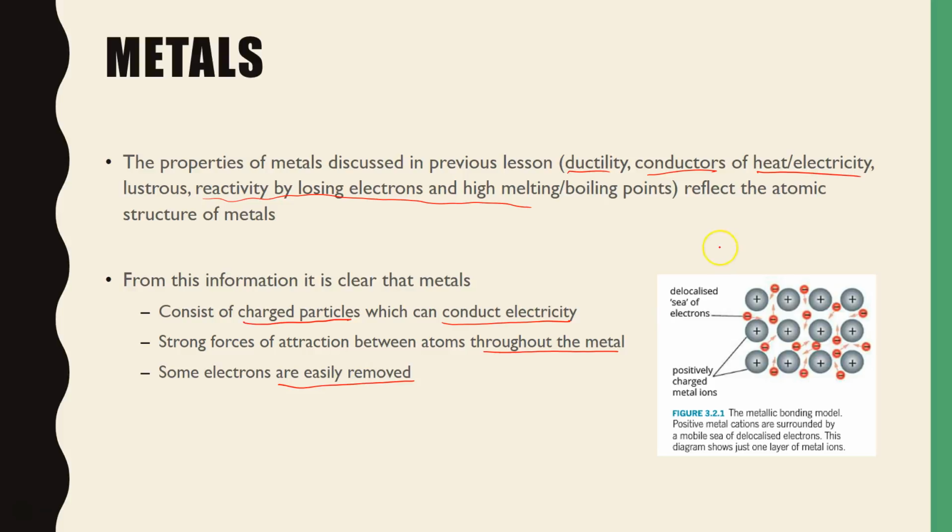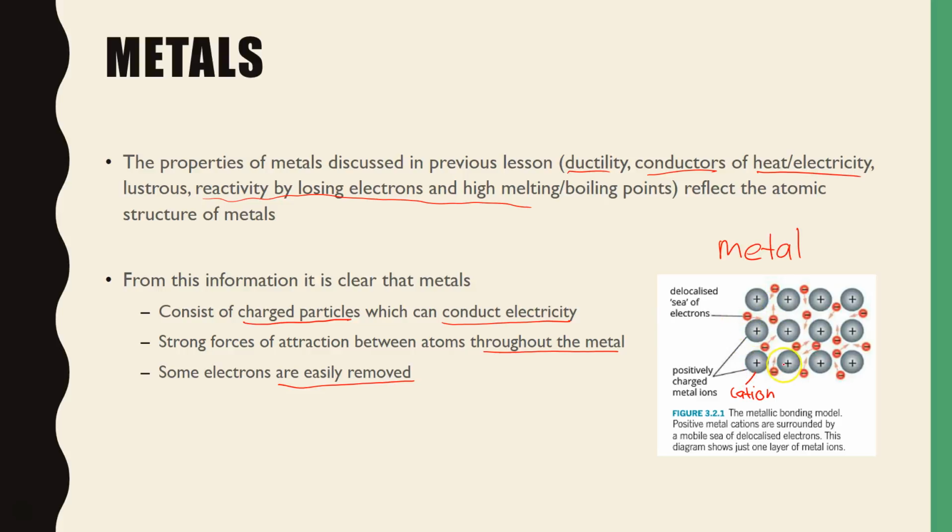So this is a structure of a metal here. Metals are constructed of positively charged ions, which we know as cations. A metal cation is a positively charged ion. And you have a delocalized sea of electrons, meaning the electrons are not surrounding one atom.